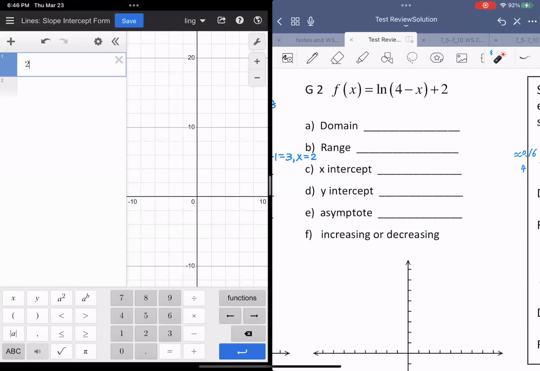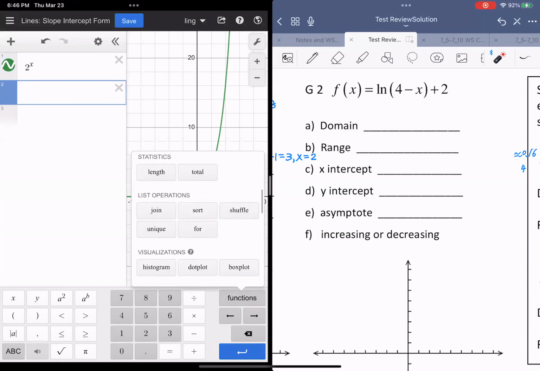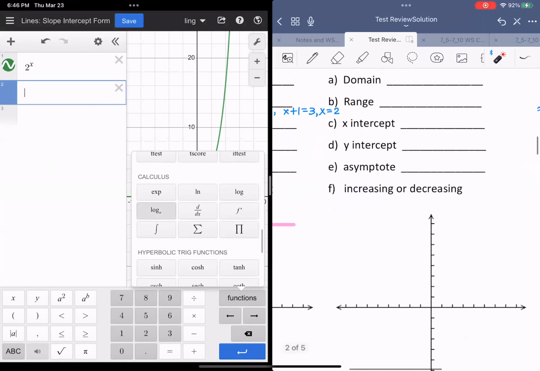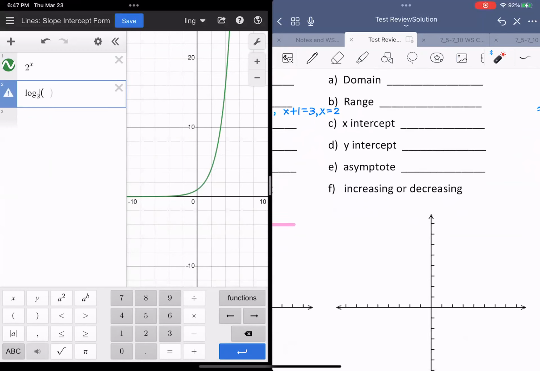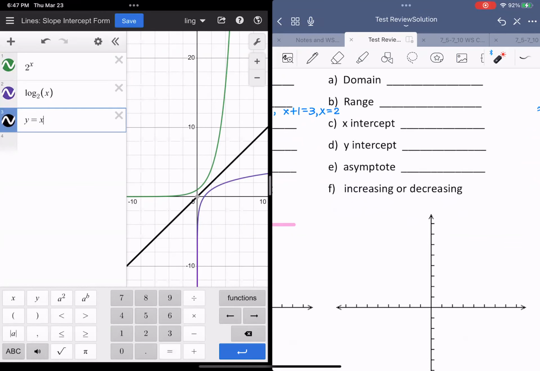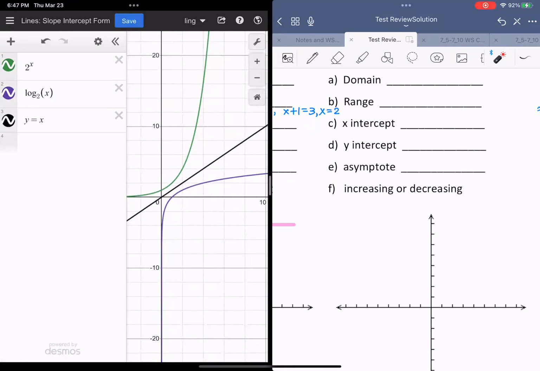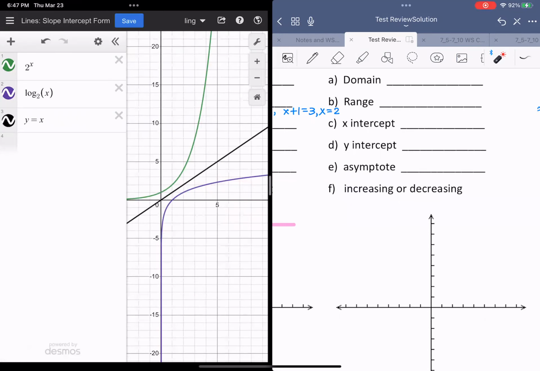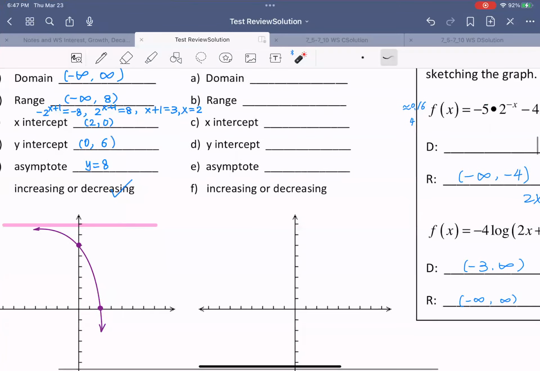If you say 2 to the power of x, this is the exponential function. When you do log base 2 and then you put x here, you have this inverse function. These two are exactly symmetric over y equals x. That's called an inverse function.